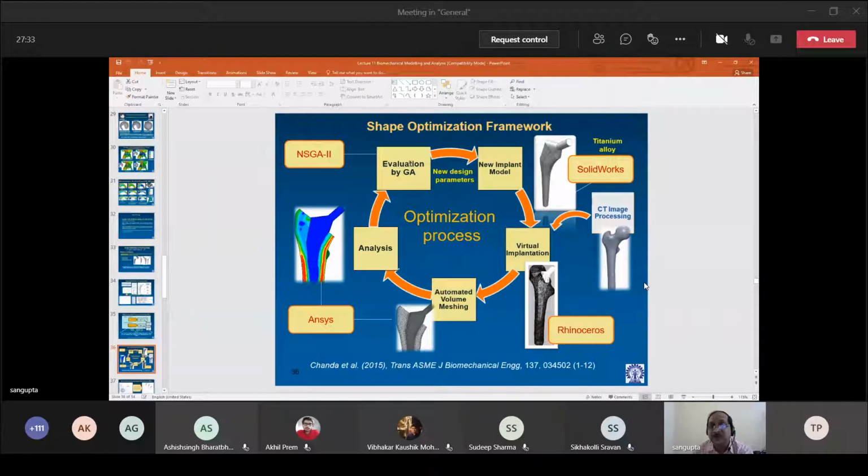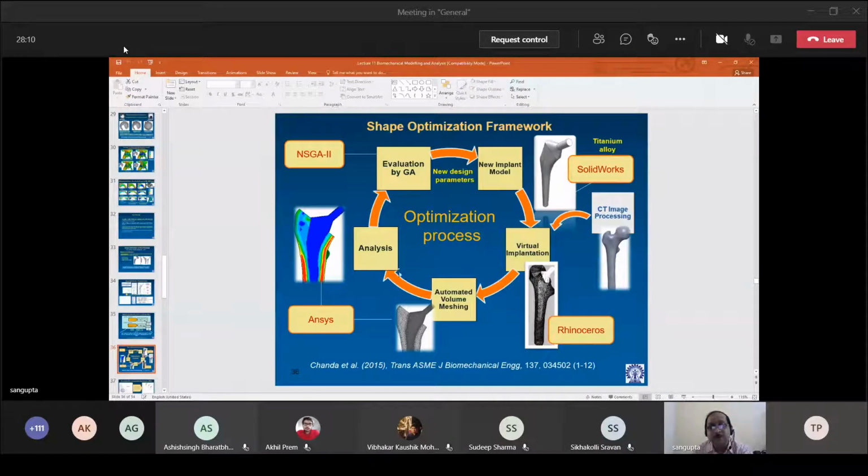And then we feed it to NSGA2, the genetic algorithm scheme, to evaluate whether or not this design is acceptable. Okay. If it is not acceptable, then new design parameters evolve. So we take the next set of values and we get a new implant model. This new implant model again is virtually implanted.